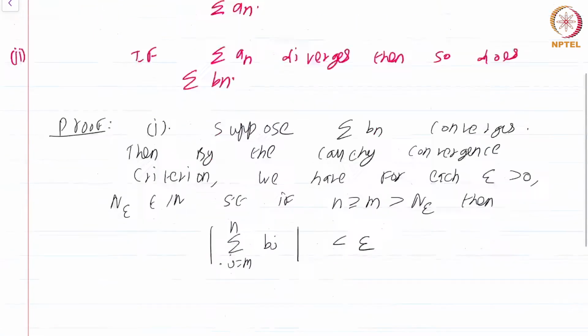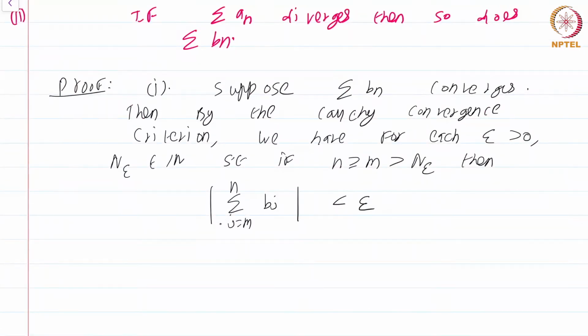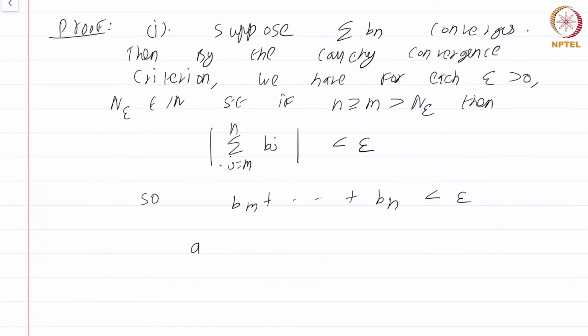But these b_j's are all positive quantities. That's our assumption. So what we get is b_m plus dot dot dot b_n is less than epsilon. In other words, a_m plus dot dot dot a_n is also less than epsilon, because this is less than or equal to this.